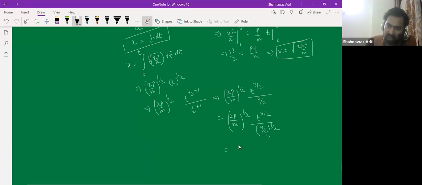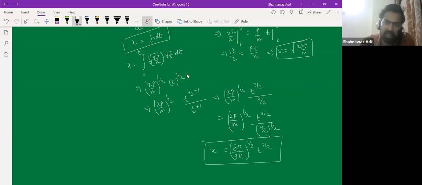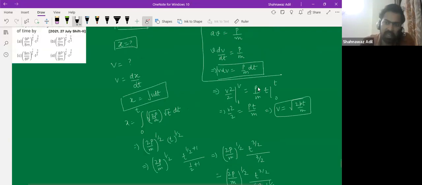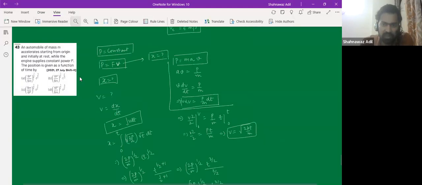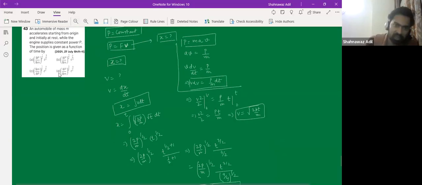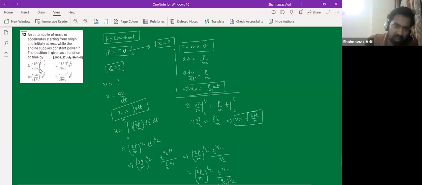This is 8p by 9m power half, and then t power 3 by 2. So that would be the x. Is it clear? So we have to do two integrations here, everyone. Yes, is it clear? So what is the answer? 8p by 9m power half, t power 3 by 2. So this one is the answer.